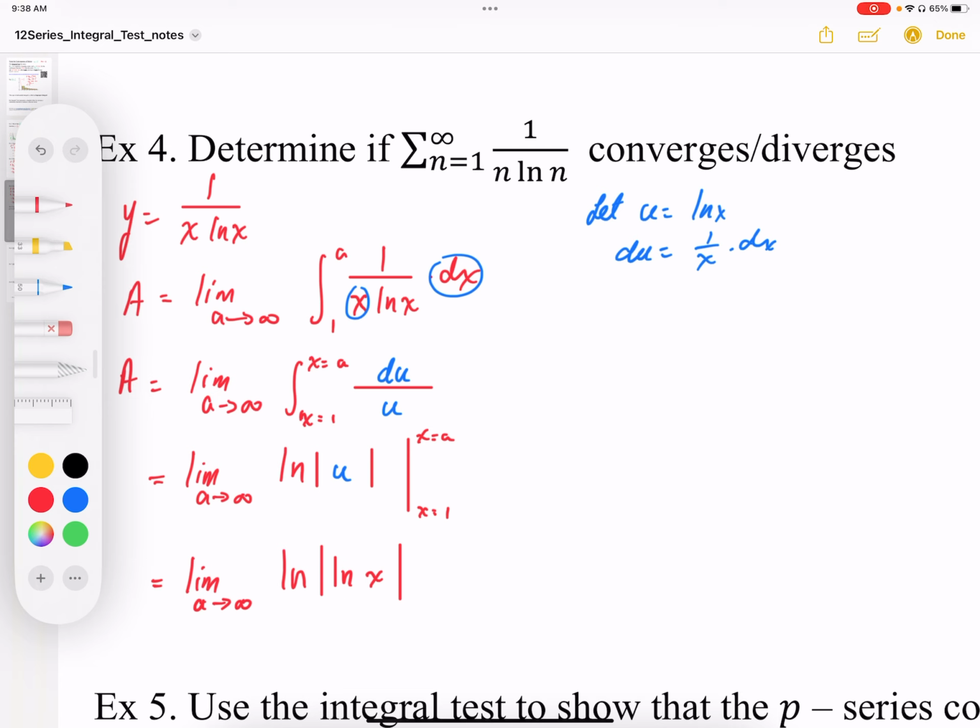Now we can convert our bounds back into x. Since we have our terms in x's, we're just going to state our bounds as 1 to a.